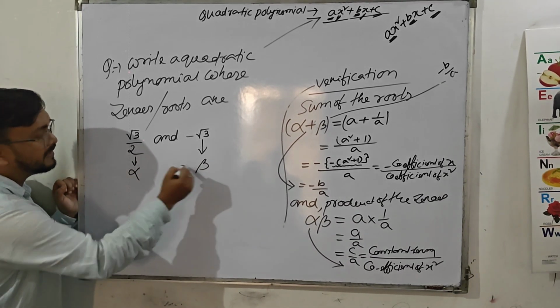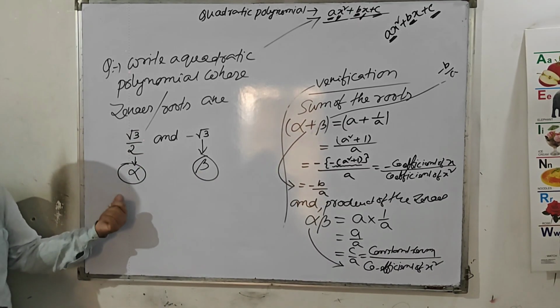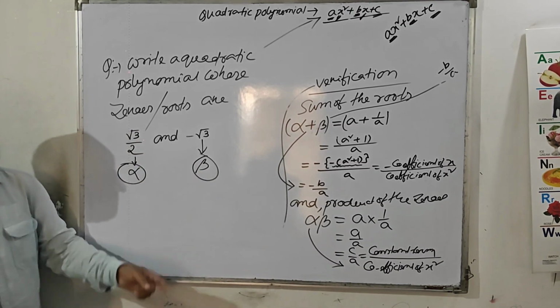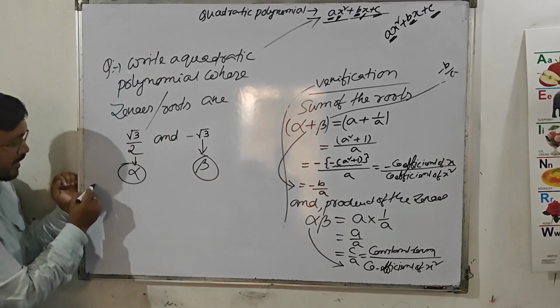So here alpha and beta these values are given. Now my question to all of you: if the alpha beta values are given, then how to get the polynomial?